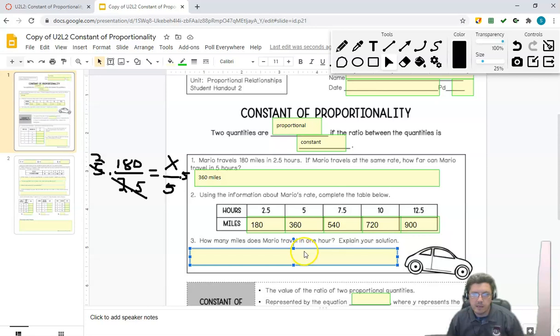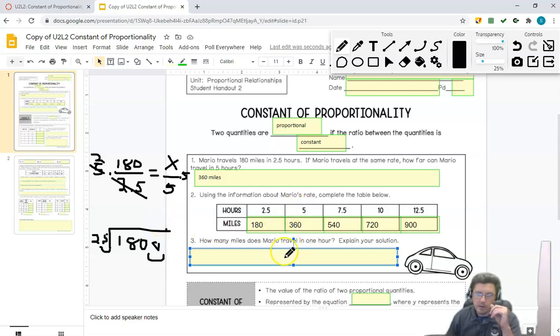How many miles can Mario travel in 1 hour? Well, that's actually finding our rate of speed, and that's doing our original division. So we can do our 180 divided by 2.5. We can move our decimal and think of 25 going into 1,800.